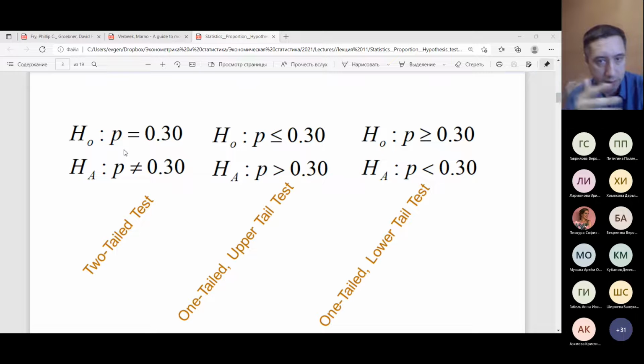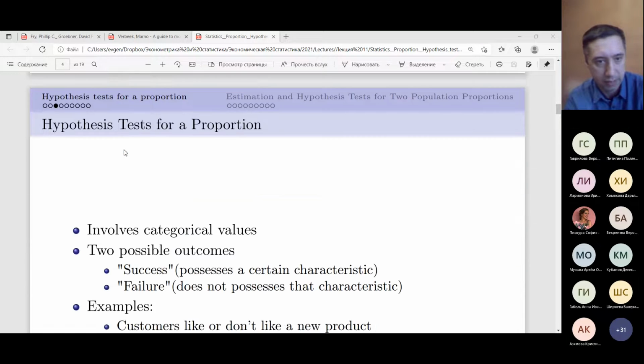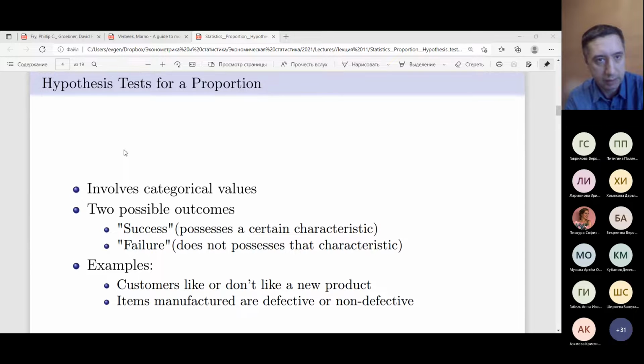Imagine that you formulated the hypotheses, and you know what you have to test and which hypothesis you have to reject. But to run this test, we have to learn what proportions are, or what qualitative variables are. What does proportion mean in our context?